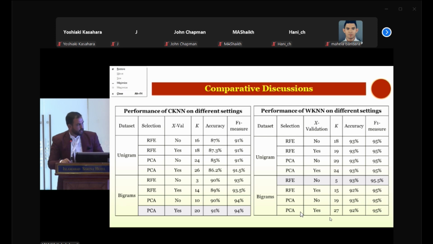Both highlighted rows of the first summary present that the CKNN performed optimally on the bigram data set based on dimensionality reduction by using cross-validation, but the WKNN, on the other hand, performed on the same bigram data set without cross-validation and without principal component analysis.